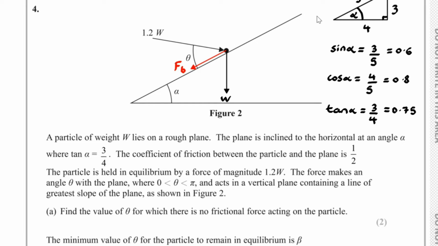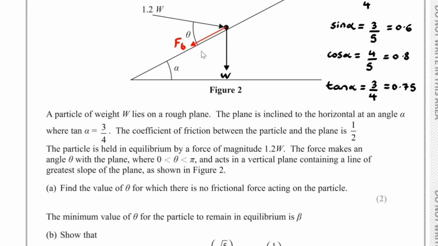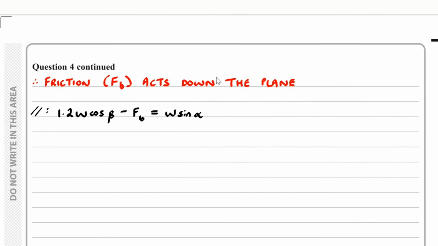Before we resolve perpendicular to the plane, let's simplify the result here. If I rearrange for FB, FB is equal to 1.2 W cos beta minus 0.6, because that's what sine alpha is, W.